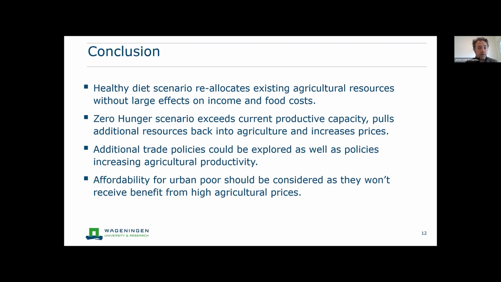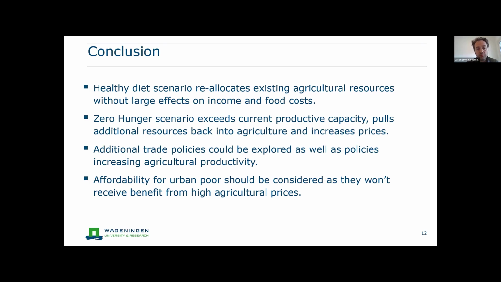So policies to maybe try and mitigate this would be exploring additional trade policies to increase imports of these desired commodities, and also particular attention should be paid to the urban poor when putting something like this into practice, as the rural poor in principle stand to benefit from the increase in agricultural prices and the demand for agricultural resources, including labor.